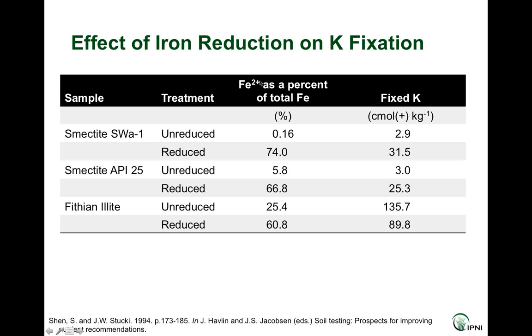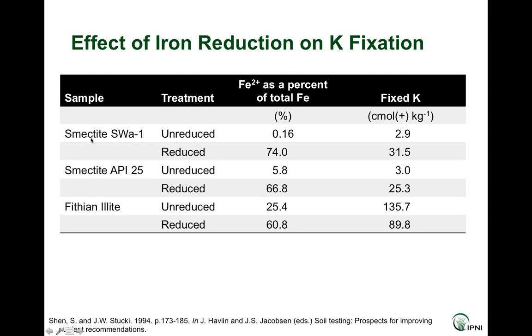One is a 2+ state, and that usually occurs under wetter conditions in soils. As soils dry and more oxygen is present, that iron can change its charge state from 2+ to 3+, and that can drastically affect how much K is fixed by individual soil minerals.